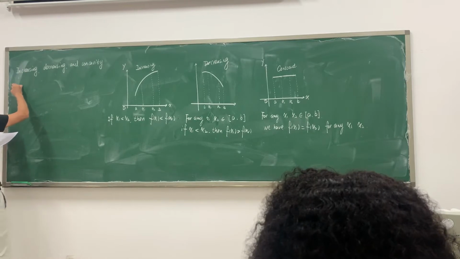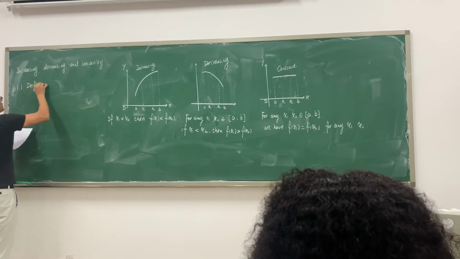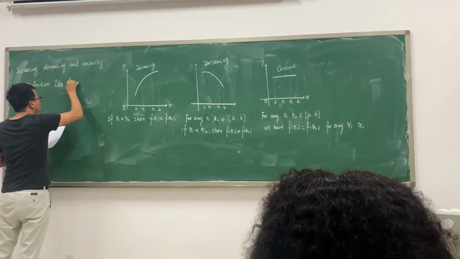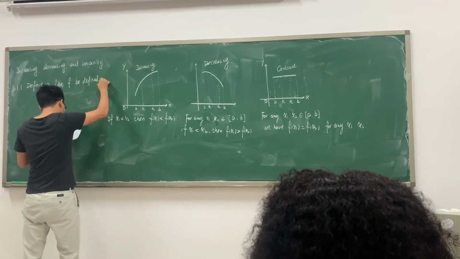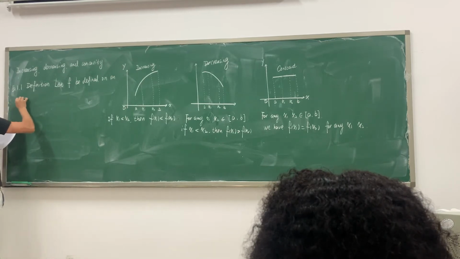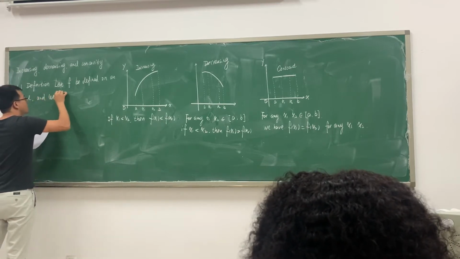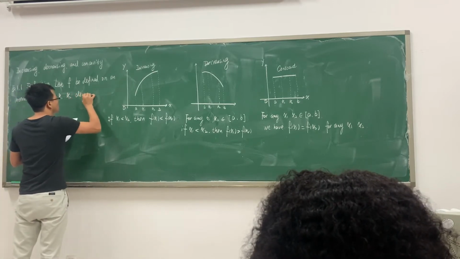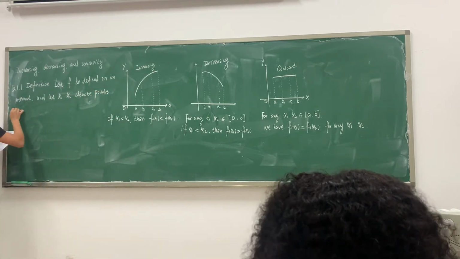So here we have the definition: let f be defined on an interval and let x1, x2 denote points in that interval.